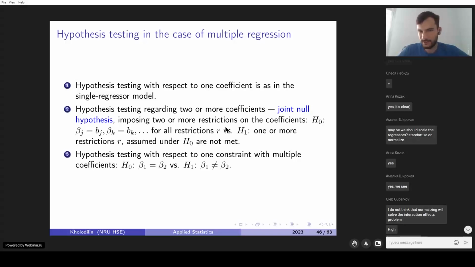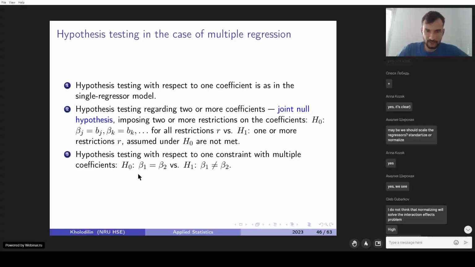I don't know why it's denoted here by the number R, but it doesn't matter. The alternative hypothesis will be that if at least one of these conditions is not met, for example some of them are 0 or not, then it's a violation of the hypothesis.